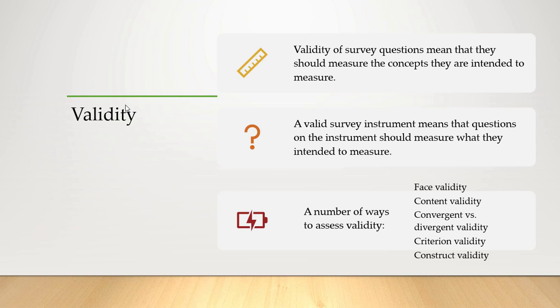Validity is a more elusive concept than reliability. The definition is that a valid instrument should measure what it is intended to measure. When people talk about validity, it sounds like a number of different ways to capture validity are possible. But validity is actually quite hard to measure.